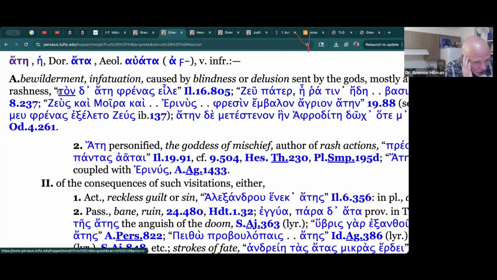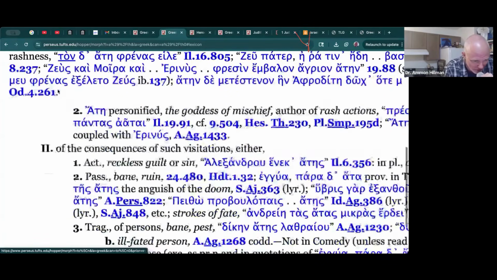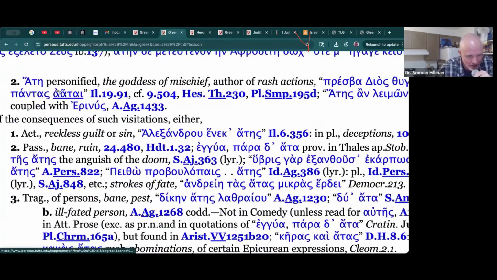It's infatuation caused by blindness or delusion. And then they specify, sent by the gods, blah, blah, blah. But then they say, Ate personified, the goddess of mischief, author of rash actions. Notice that she's coupled with Erinus, the fury. Ate is a sister to the fury, right?